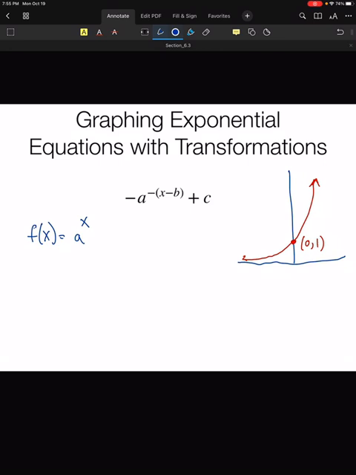We'll first start out in front of the a, right here. I'll call that in front of the base.